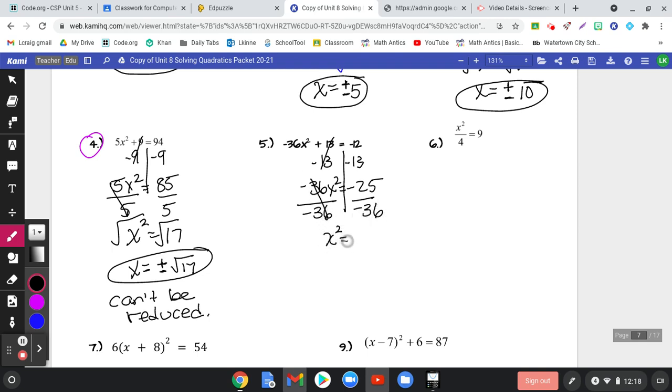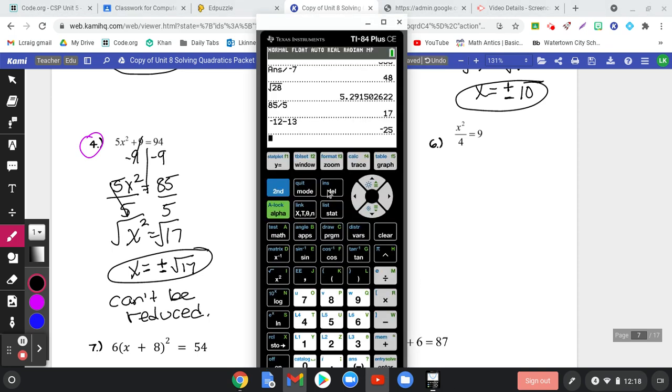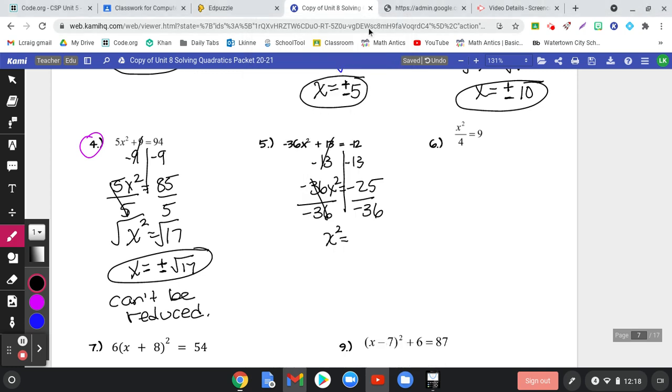X squared equals. Now, here's the thing. 25 and 36 are both perfect squares. All right. If I do negative 25 divided by negative 36, I get that. We don't want to leave it like that, so hit math, enter, enter. It's positive 25 over 36. So the two negatives disappeared.